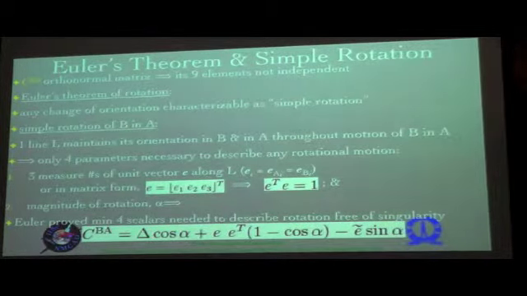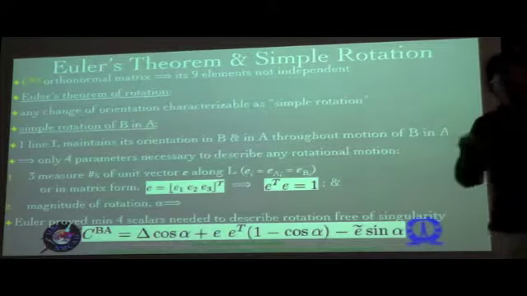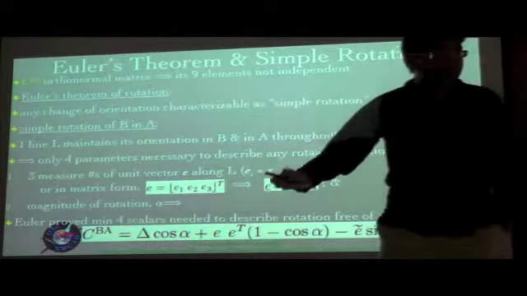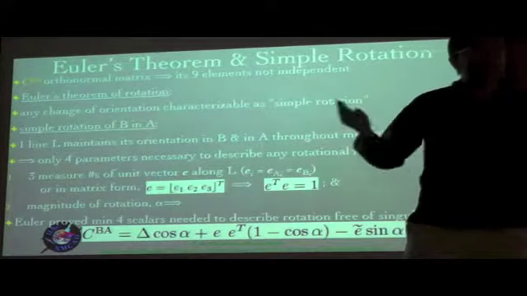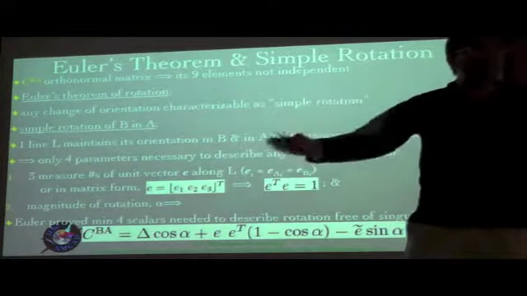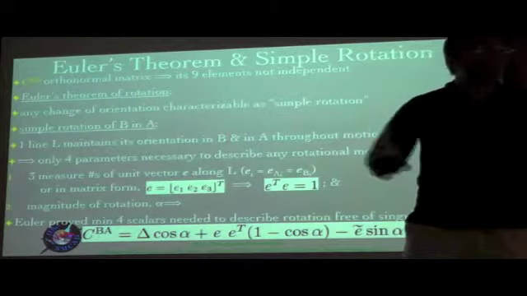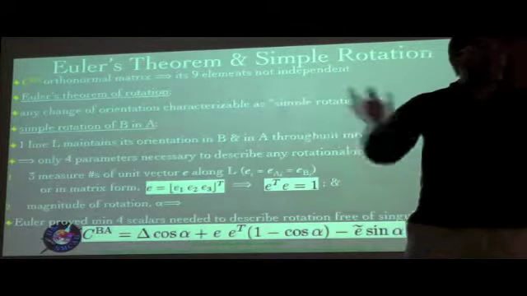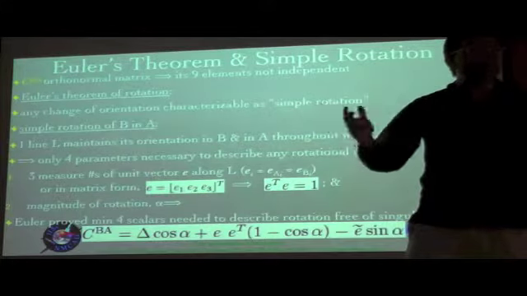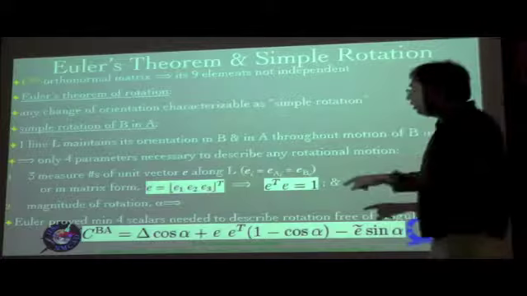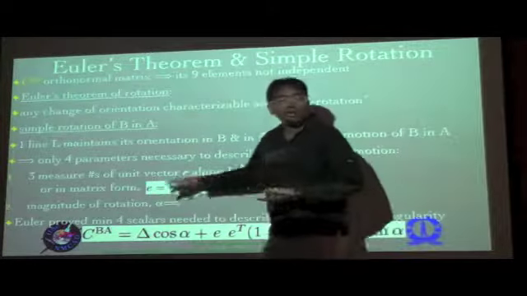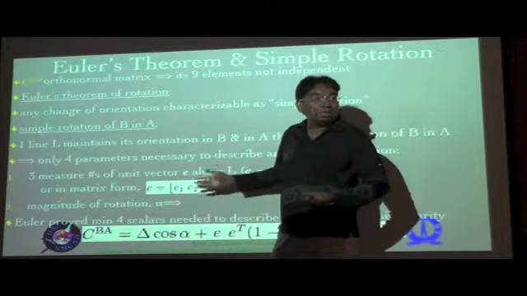So this is simple rotation. All rotations can be expressed as simple rotations. That is Euler's theorem of rotation: any rotation between the initial and final, though the intermediate stages can be whatever, the final and the initial can be compared to each other, and you can always identify a single axis of rotation, and that will be parallel to this particular unit vector that you have.